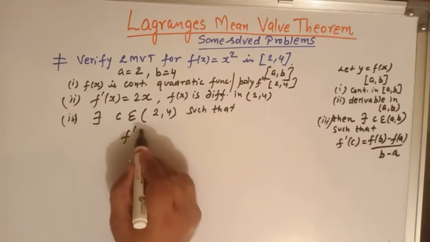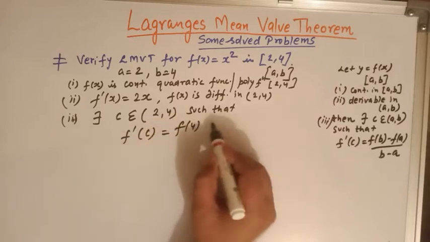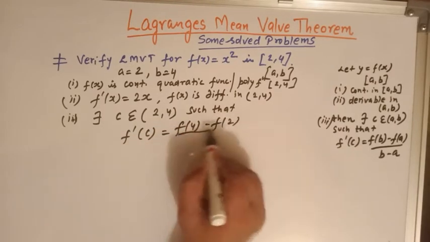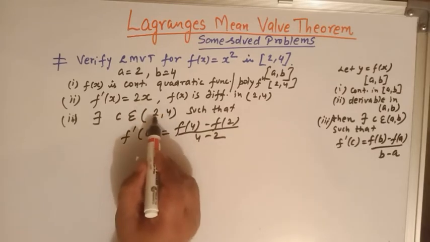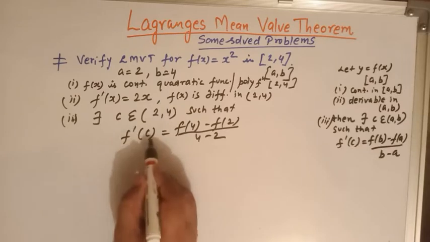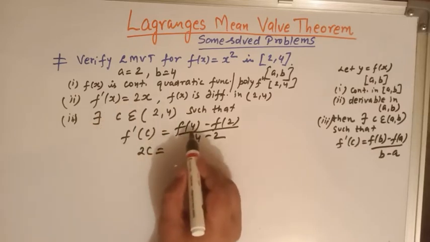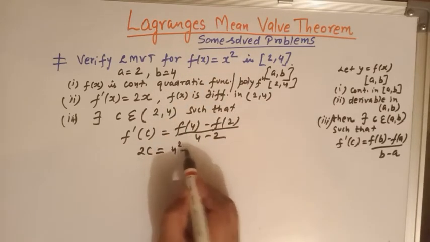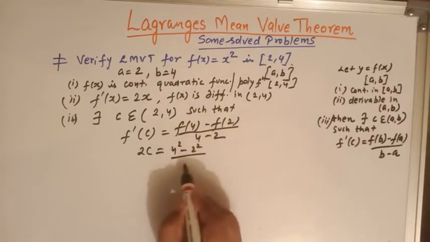f prime of c must be equal to (f(4) minus f(2)) divided by (4 minus 2), because here a is 2 and b is 4. So f prime of c can be written as 2c. f(4) is here 4 square, and f(2) is 2 square, and 4 minus 2 is 2.